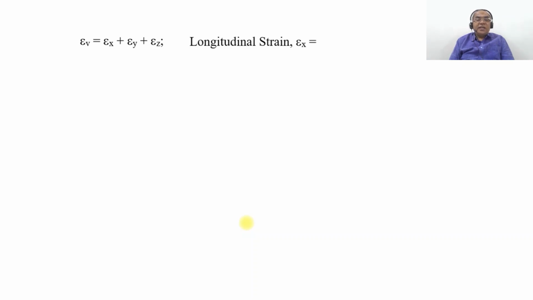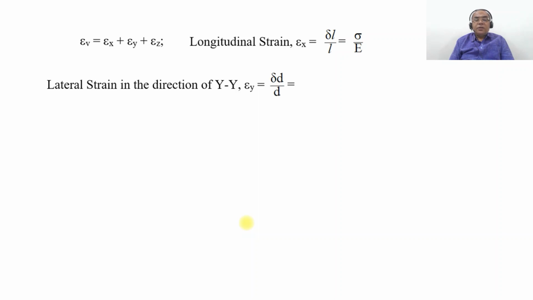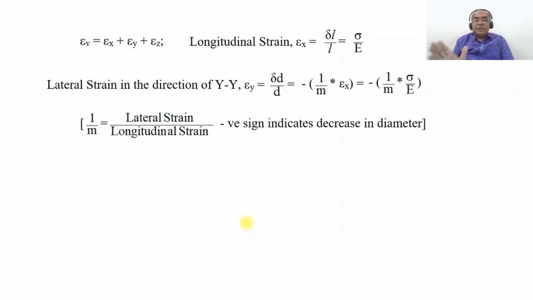The longitudinal strain epsilon x will be equal to delta L by L, which is sigma by E. The lateral strain in the direction of y, epsilon y, will be equal to delta d by d, which is again minus 1 by m into epsilon x, that is minus 1 by m into sigma by E. Why that negative sign? Because it results in a decrease in diameter. So what is 1 by m? It is the lateral strain by the longitudinal strain.